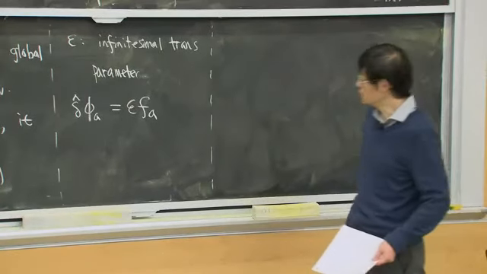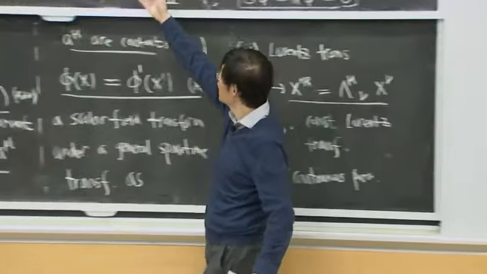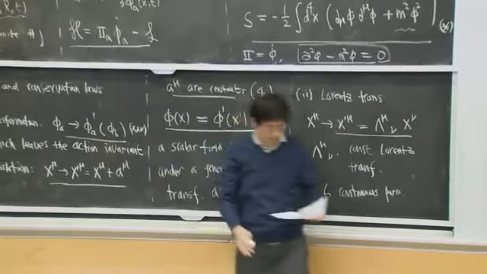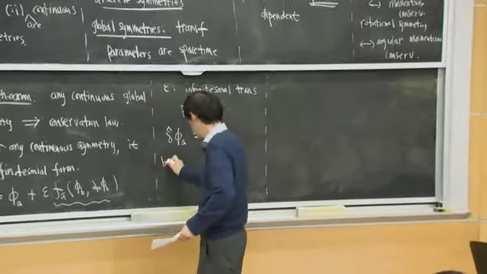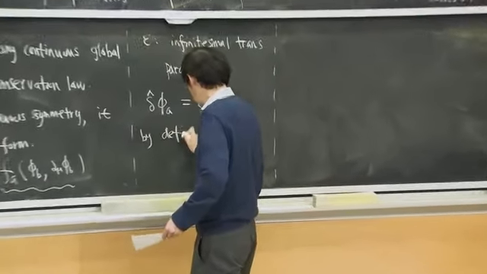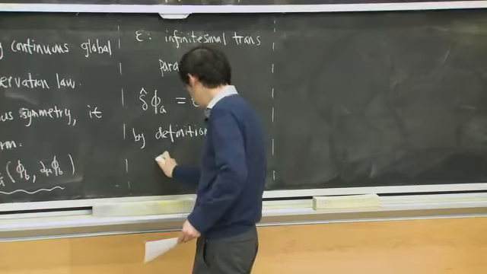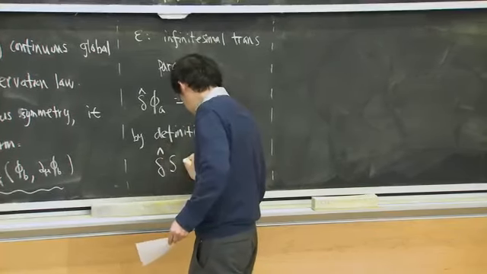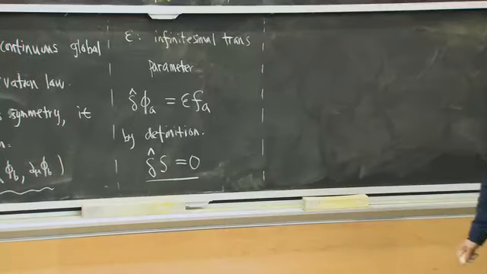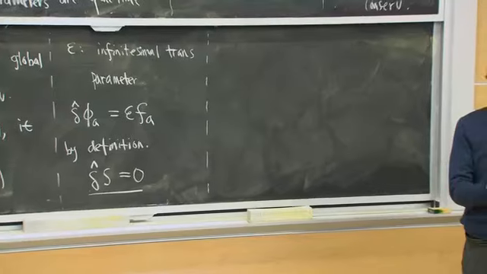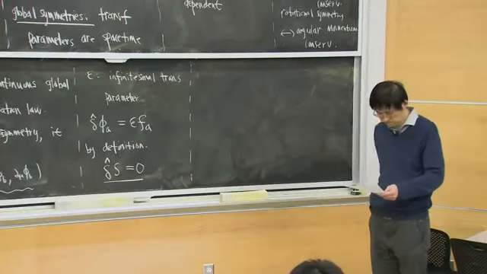Now let's consider the variation of S under this delta hat. By definition of a symmetry, delta hat S should be equal to 0, because the action should be invariant under the symmetry.